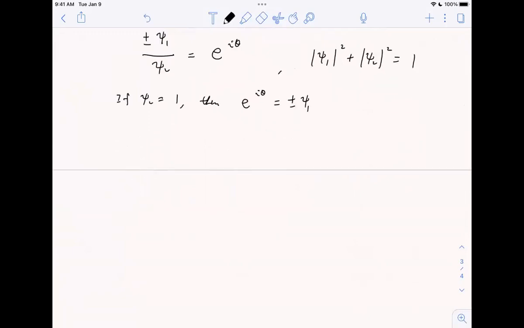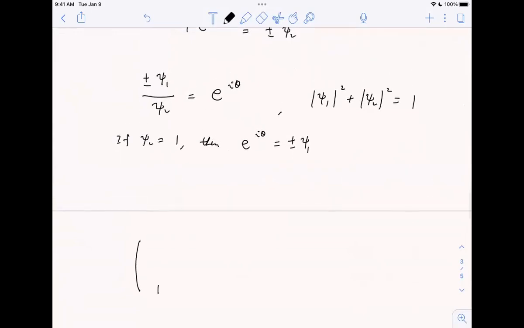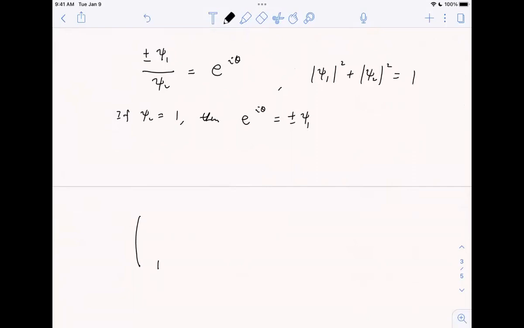So the answer will be 1. Then it will be plus and minus this with the normalization constant. With the normalization constant, this will be 1. This is 1. So the normalization constant will be this.